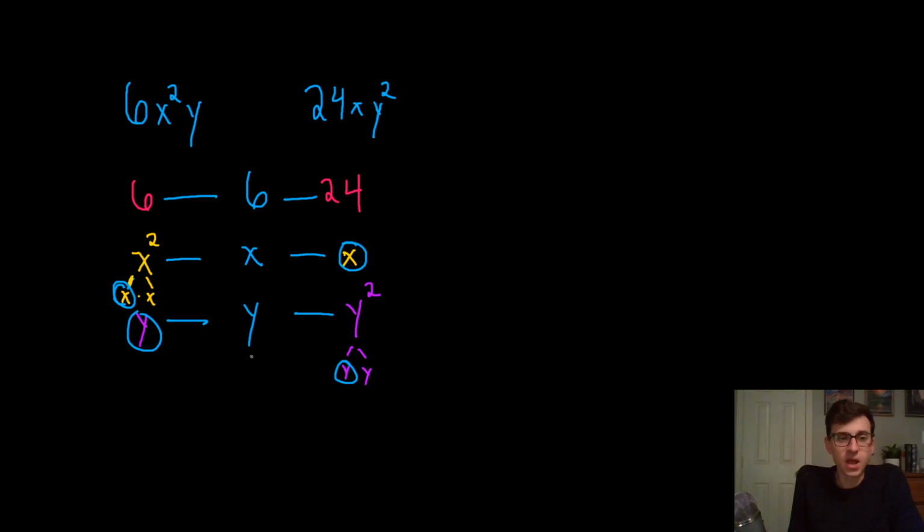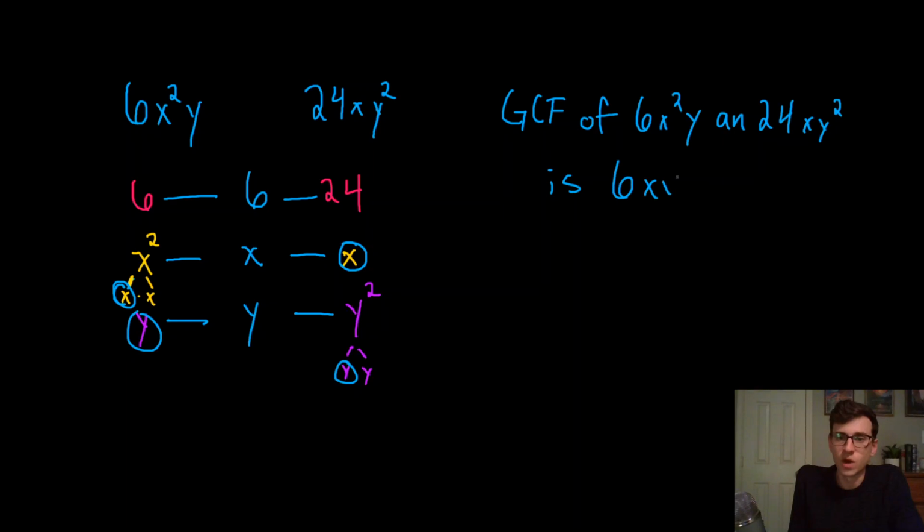So then my greatest common factor between 6x squared y and 24xy squared is 6xy, because 6xy divides both of these, and we can check that.